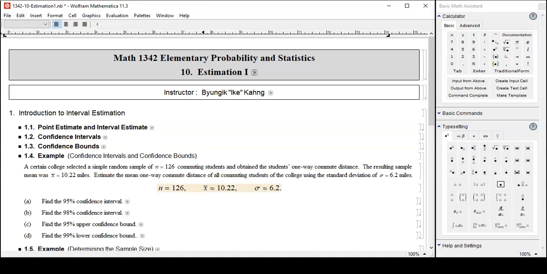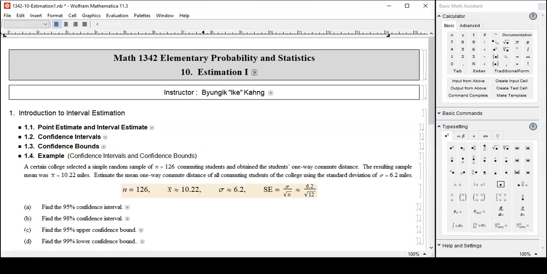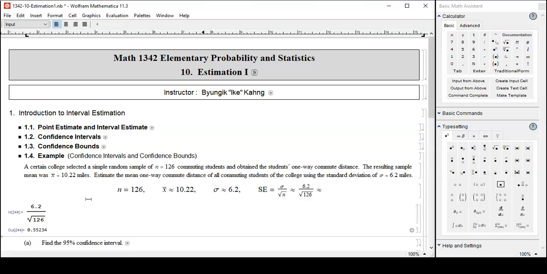Okay, these are the numbers the problem gave you, but you can immediately find the standard error, which is sigma over square root of n, and thus this is 6.2 divided by the square root of 126, excuse me, and that is approximately equal to, well, you can find out by punching in the calculator.